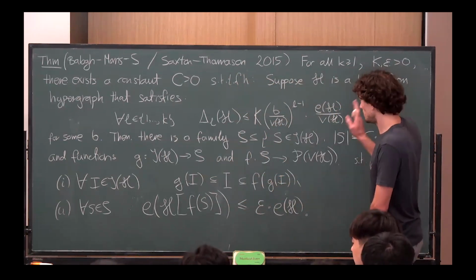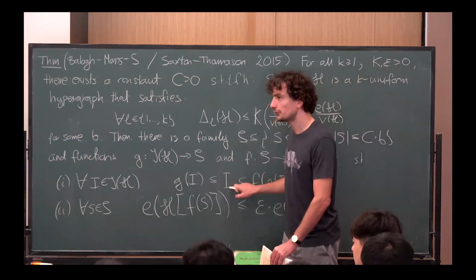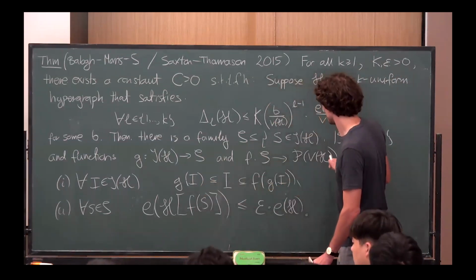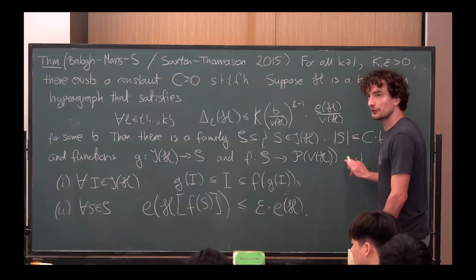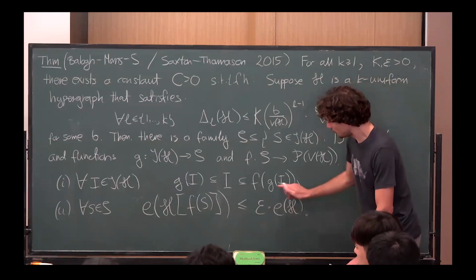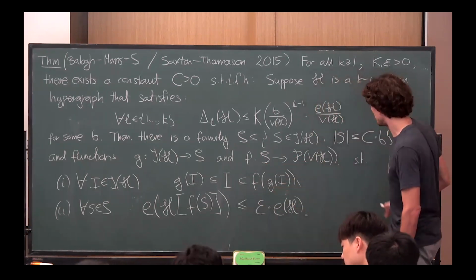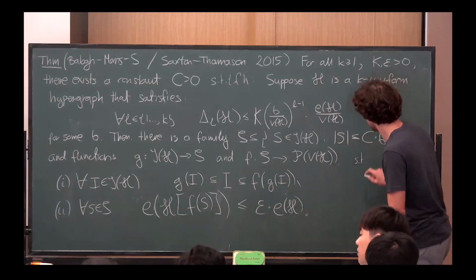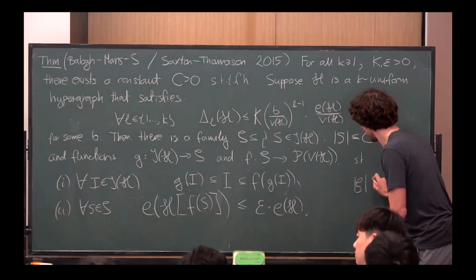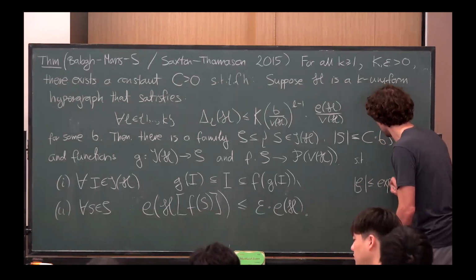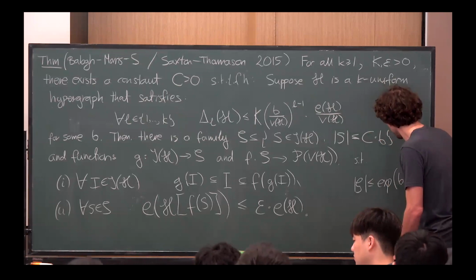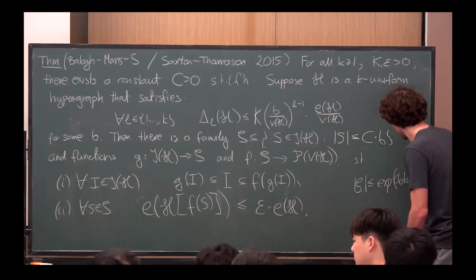In particular, in the weak version, if we forget about this condition, we're able to find a family of subsets, each of which is almost independent, that cover all the independent sets. And note that the size of S is at most exponential in the log of the number of vertices.